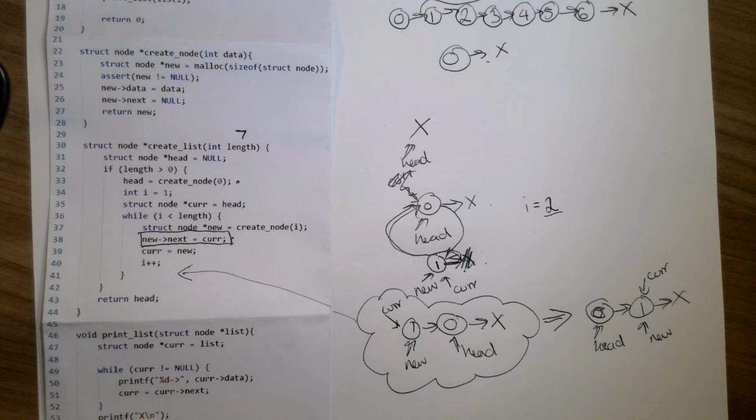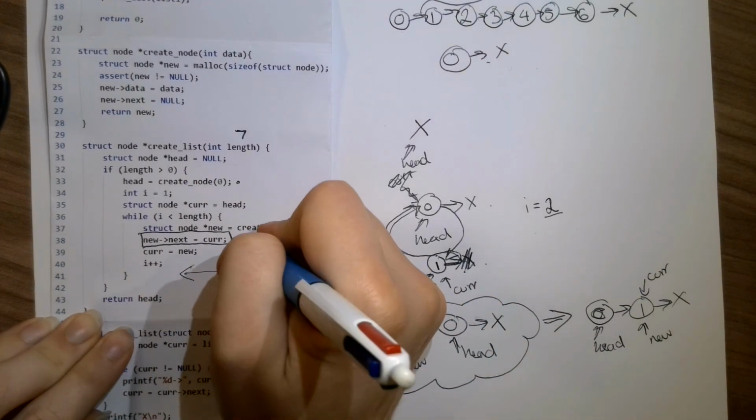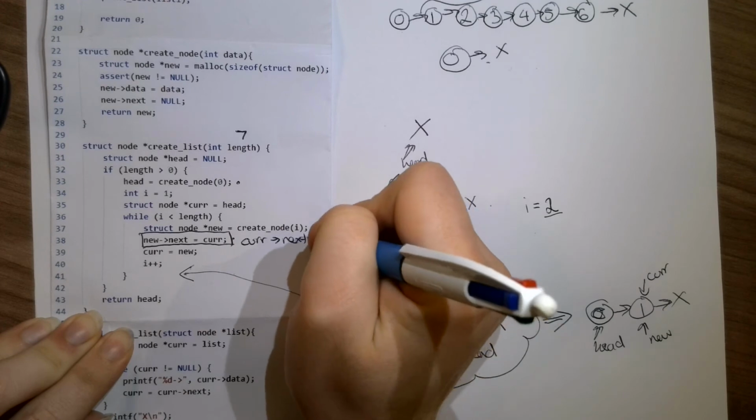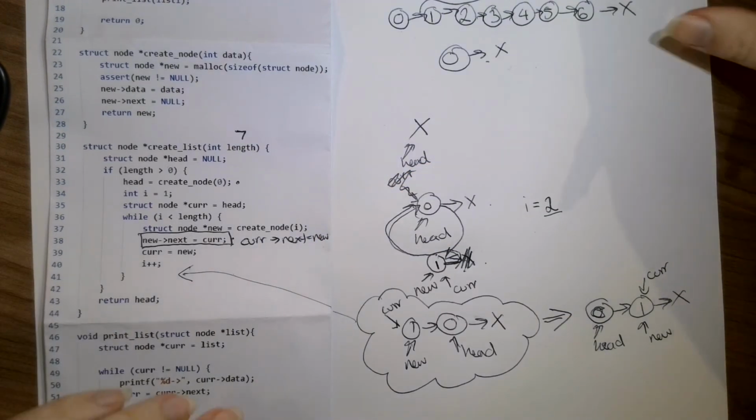So the new thing that we made, which is a higher number like 1, is pointing to the lower number, which is 0. We want it the other way around. So if we just swap this, if we say current next equals new, what happens then? Well, we can do exactly the same thing again.